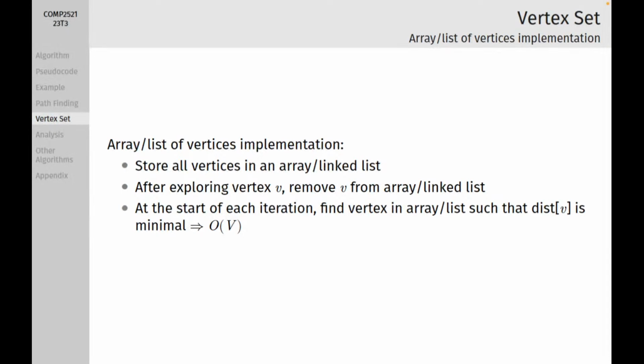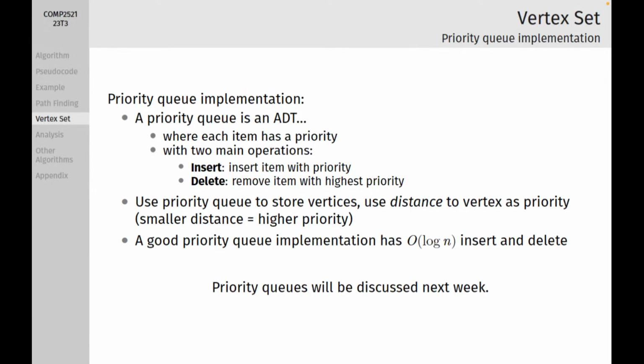All right, so the last option is to use a priority queue. A priority queue is an ADT where each item has a priority and it has two main operations. First, an insert operation, which inserts an item with a given priority.